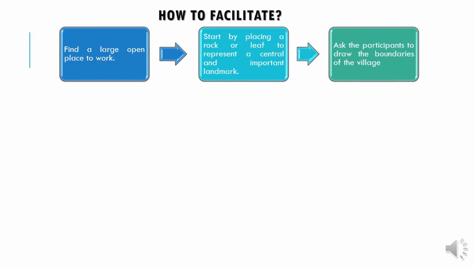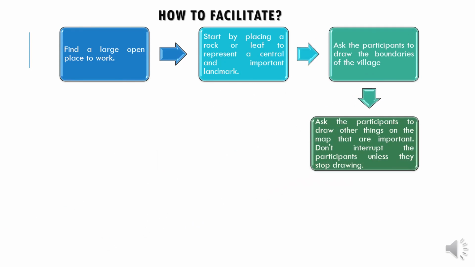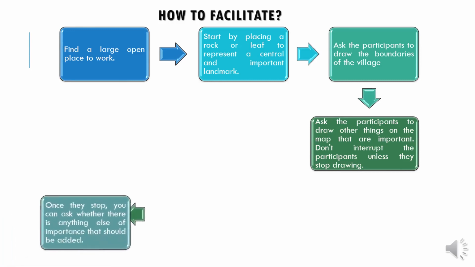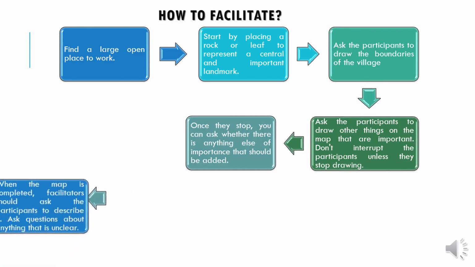We will ask the participants to draw the boundaries of the village. Ask the participants to draw other things on the map that are important. Don't interrupt the participants unless they stop drawing. Once they stop, you can ask whether there is anything else of importance that should be added.